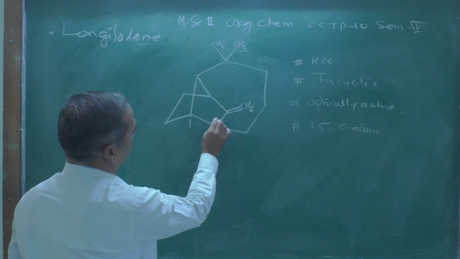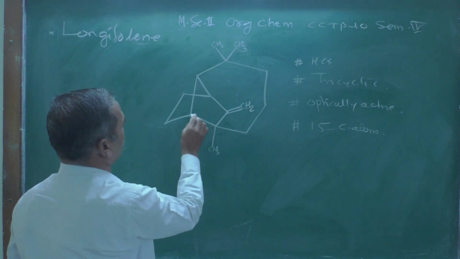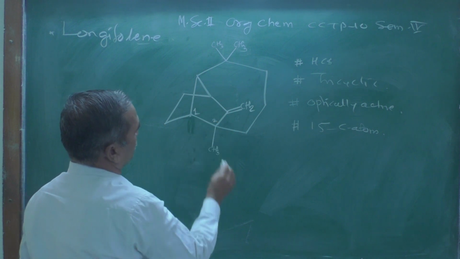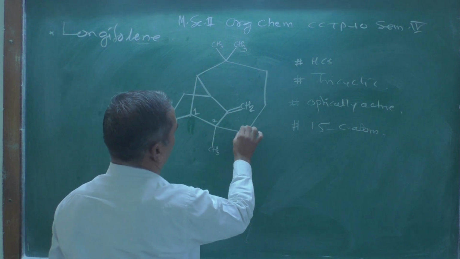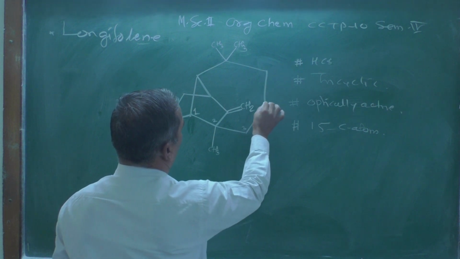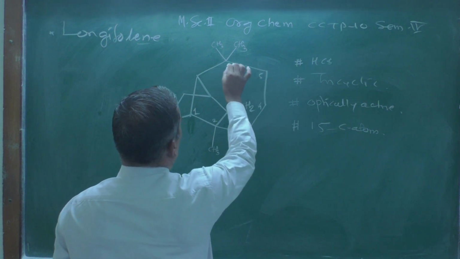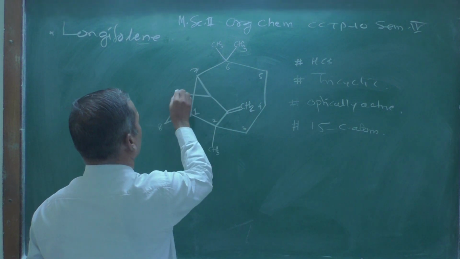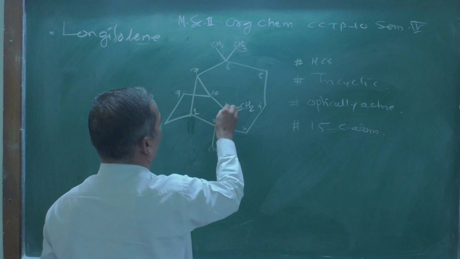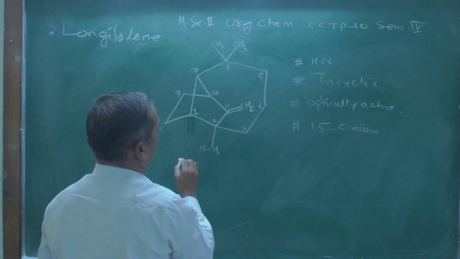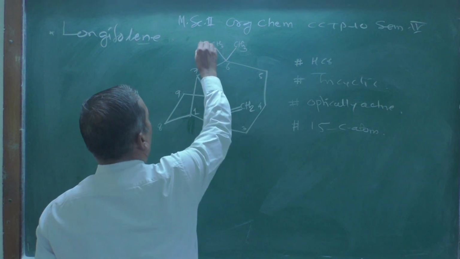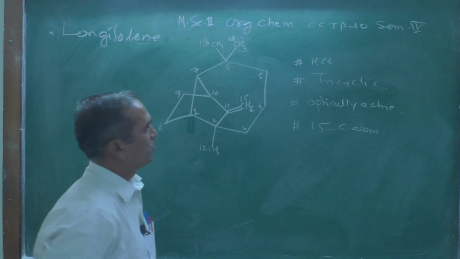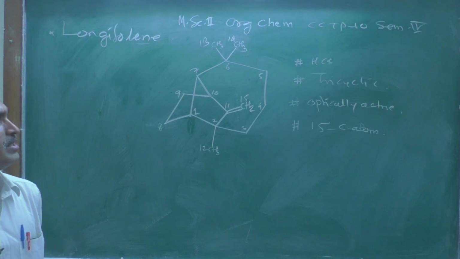Let me give the numbers here: 1, 2, then 3, 4, 5, 6, 7, then here 8, 9, 10, 11, 12, 13, 14, and the last one, the olefin, which is 15.